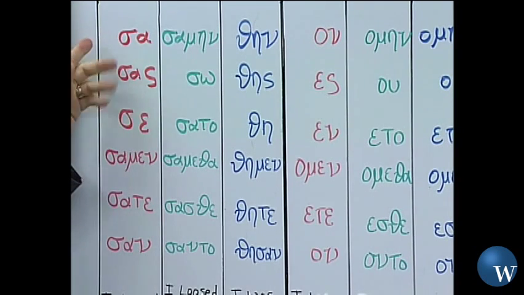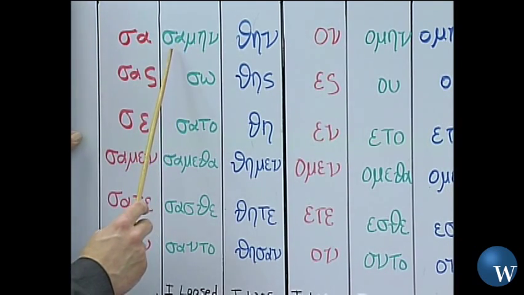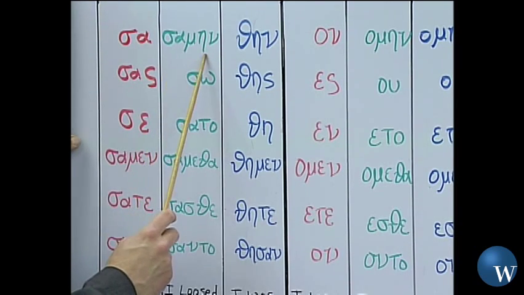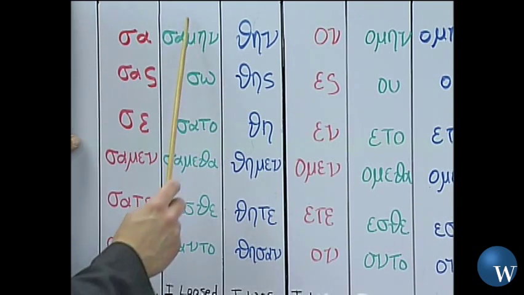So elusa, it would be epsilon, then lambda, upsilon, sa, elusa, I loosed. But here it would be elusamen, eluso, elusata. Okay, so those are the middle voices.